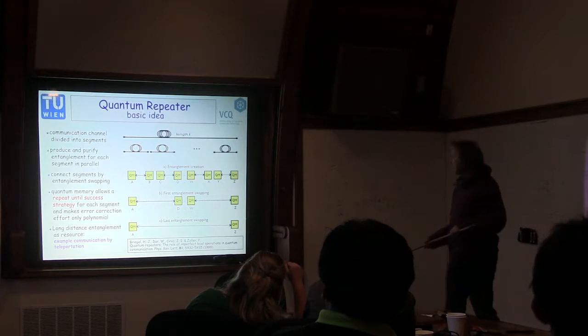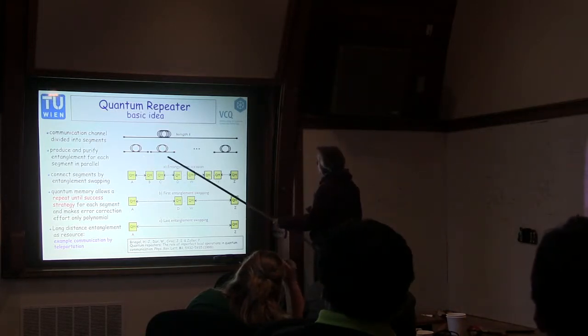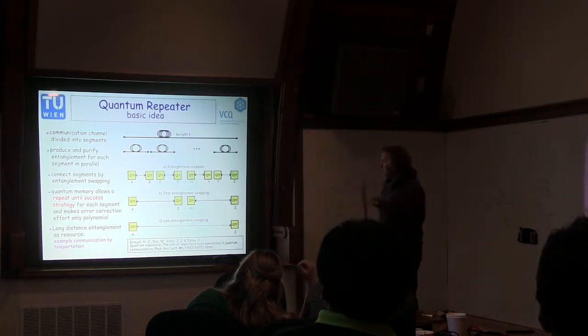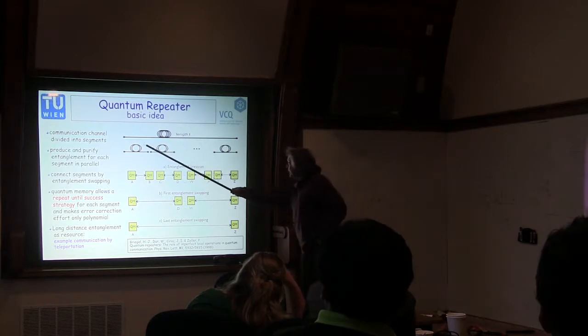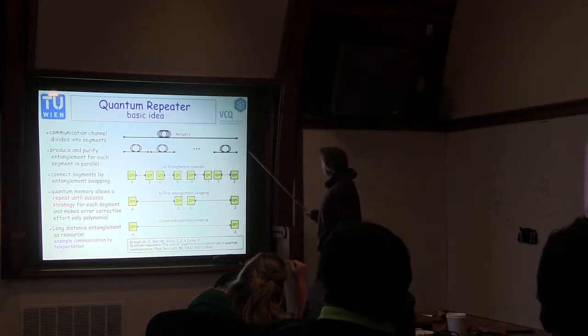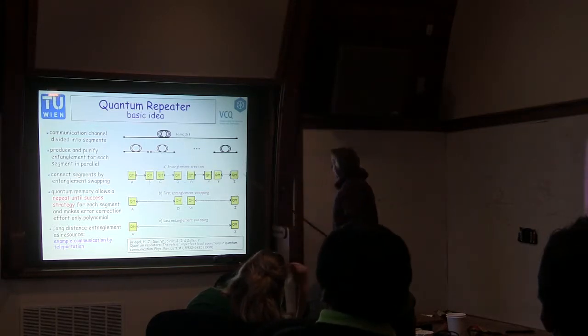Typically it takes a time to establish entanglement in each of these sections, whereas establishing entanglement along this whole length will take an exponential amount of time compared to establishing a single section.